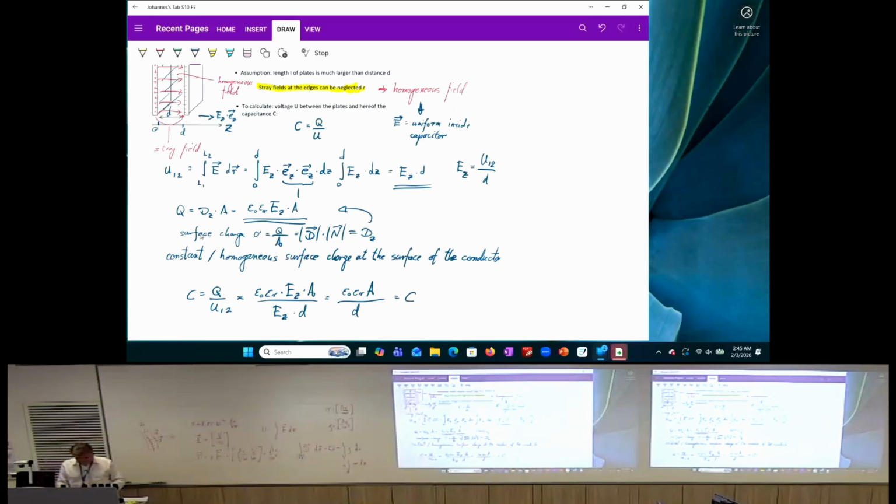So this is what you see here: the surface charge is just the product of the electric flux density, which is the same as the displacement field, times the normal contribution. You see, this is already ampere second per square meter.